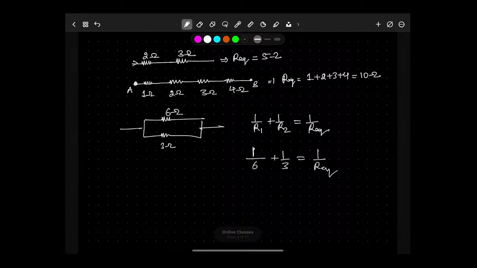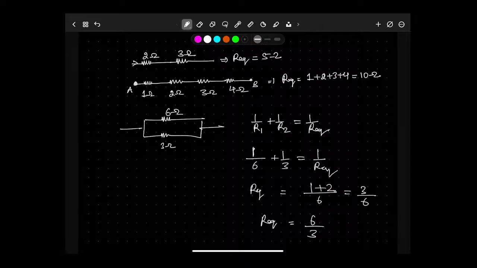So 1 plus 2 is 3, 3 by 6. So 1 by R equivalent is 3 by 6, so it will be 2 ohms, right?